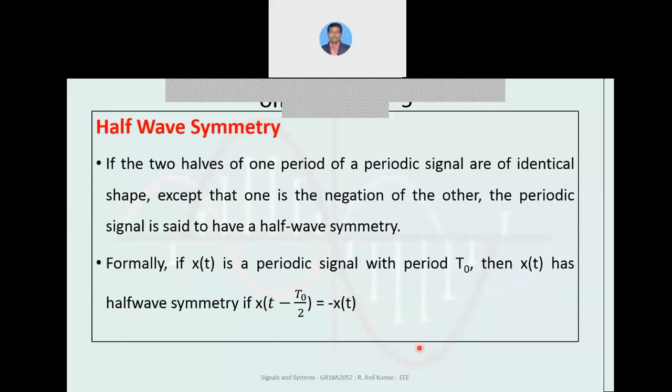That is, if x of t is a periodic signal with period t naught, then x of t has half-wave symmetry if x of t minus t naught by 2 equals minus x of t. That is how half-wave symmetry is defined.